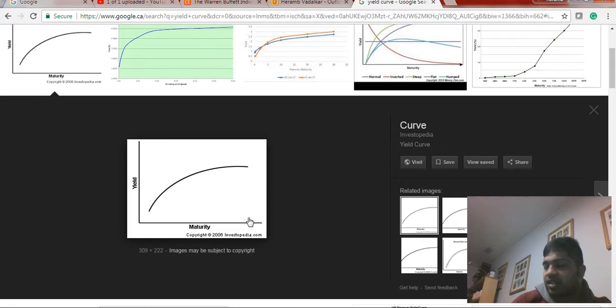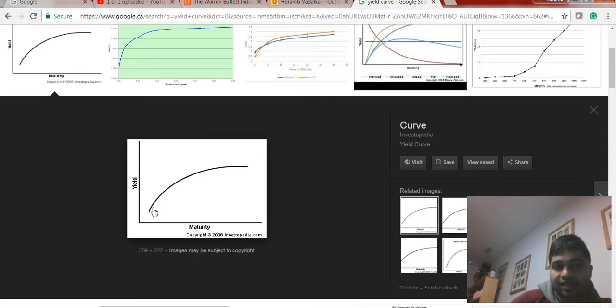This is very logical because in 30 years you are blocking your money for 30 years, so you don't have liquidity for 30 years. So the person who is borrowing from you has to compensate you for the lower liquidity that you have. So he pays you a higher yield. So as the maturity increases, the yield increases. This is the normal yield curve.